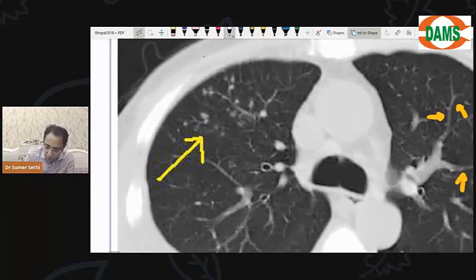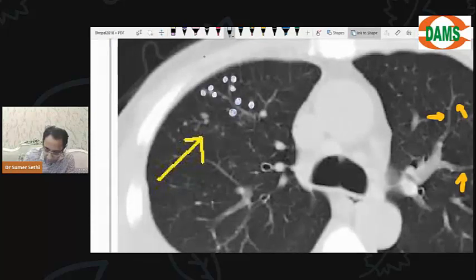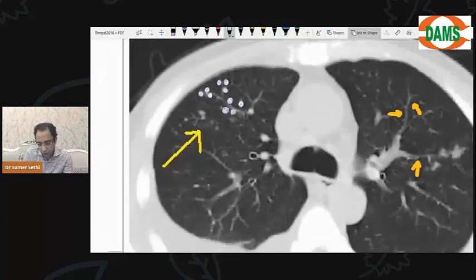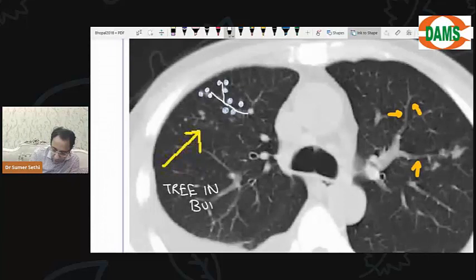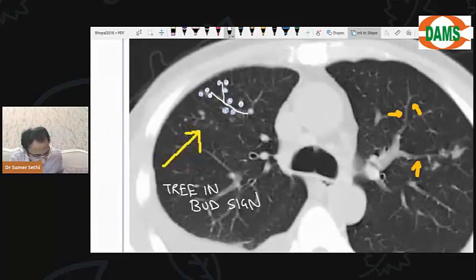You will be able to appreciate that along the branching bronchovascular bundle, we can see some nodules in a branching pattern. This appearance on a CT scan has rightly been called by the medicine doctors who see poetry in it, the tree in bud sign. This is called the tree in bud sign.